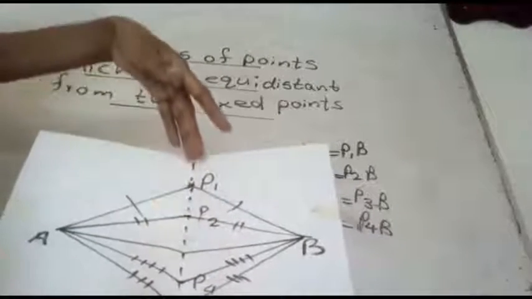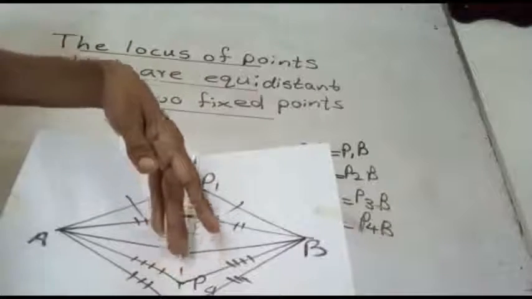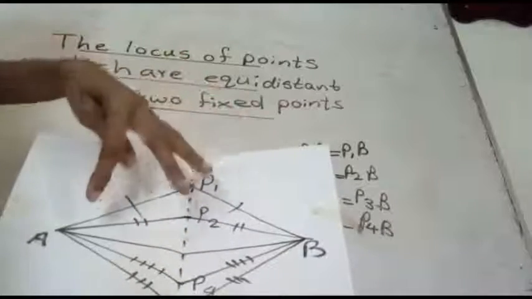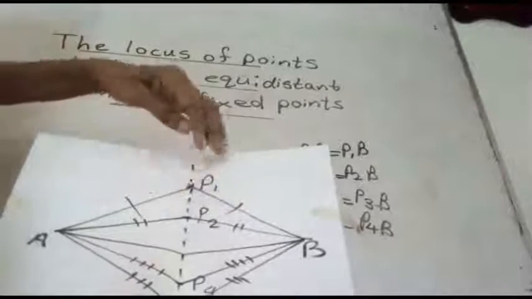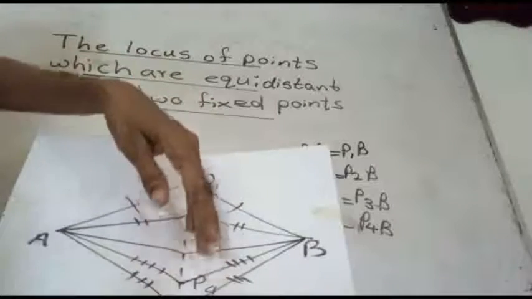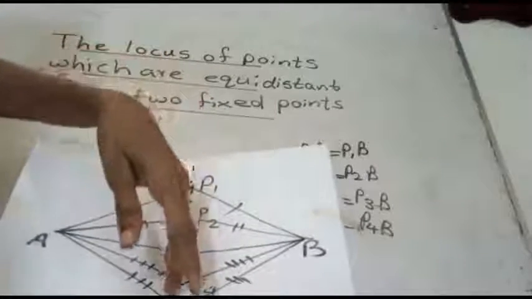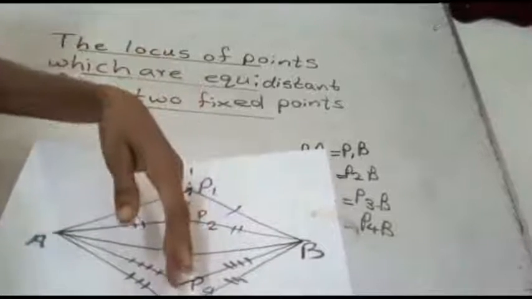Observe further that the distances from the points A and B to any point you choose on the perpendicular bisector are equal.